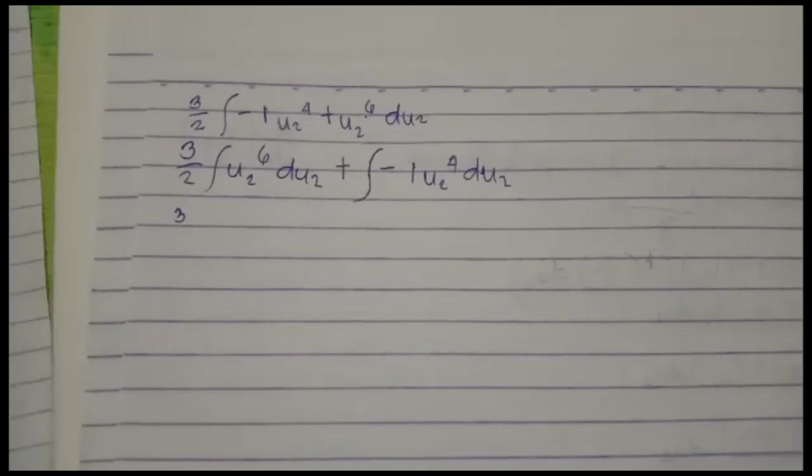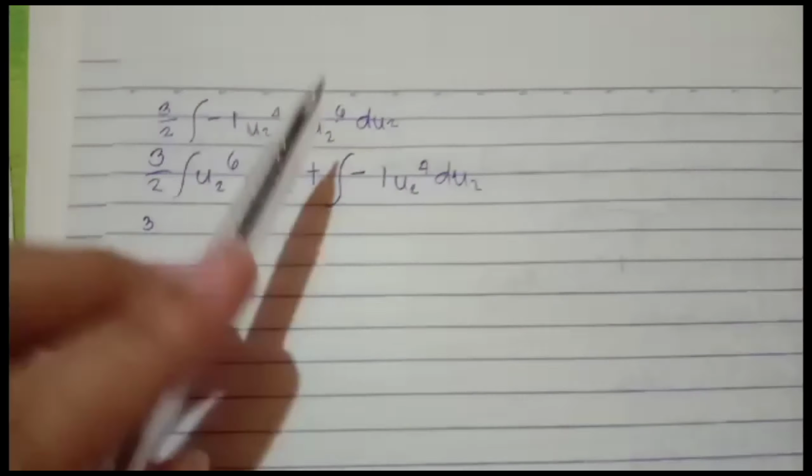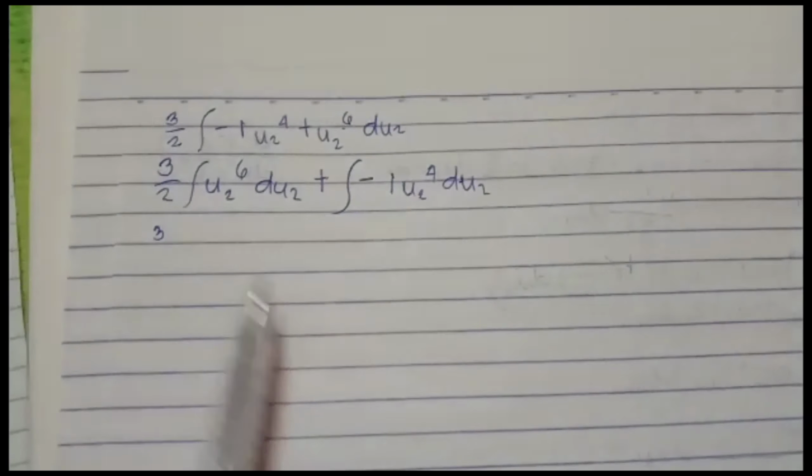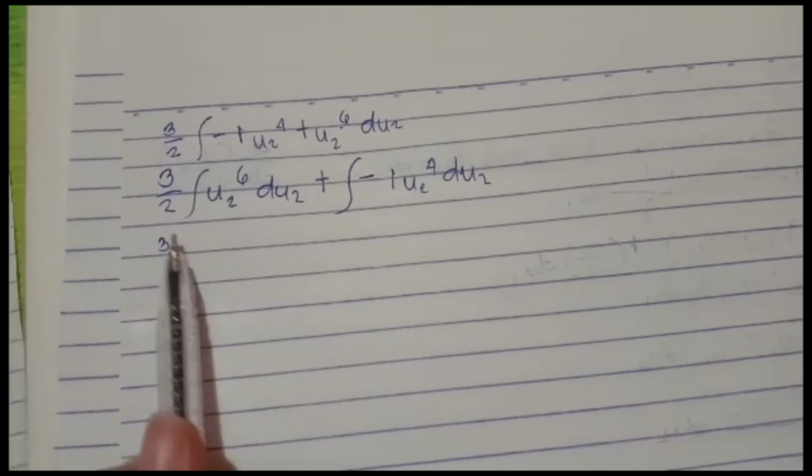So, 3/2 integral of negative 1 u2 to the 4th power plus u2 to the 6th power du2. Reorder, then split the single integral into multiple integrals.